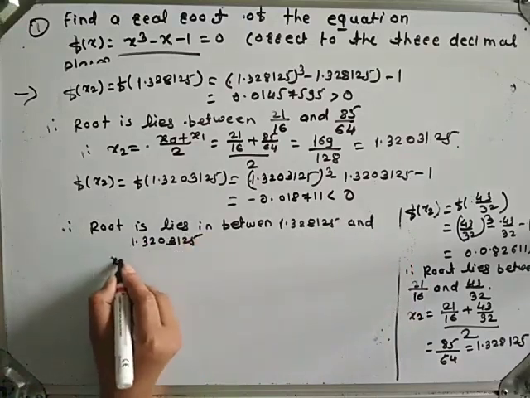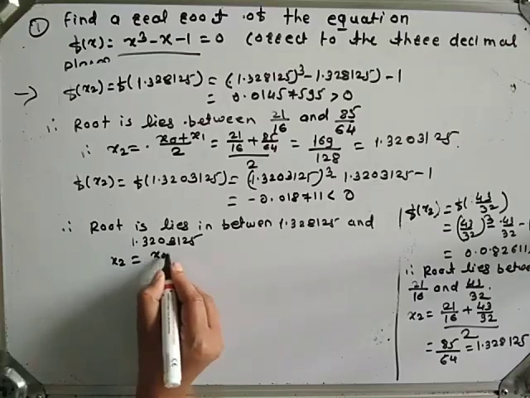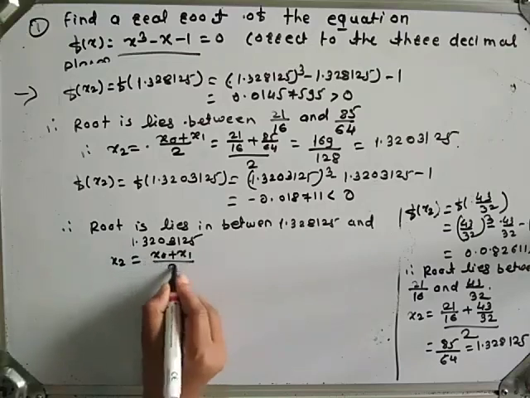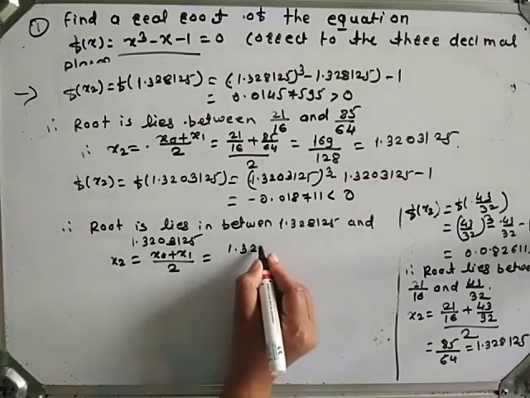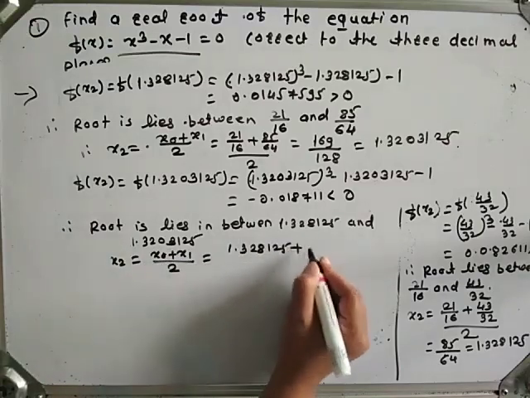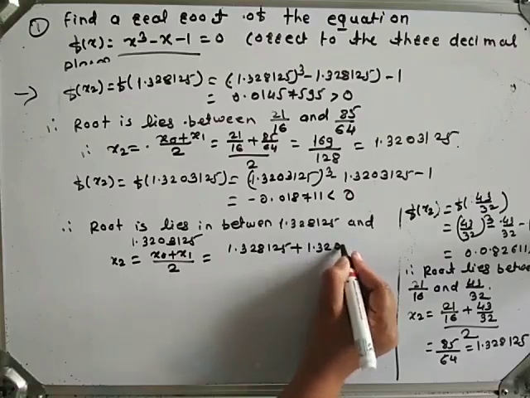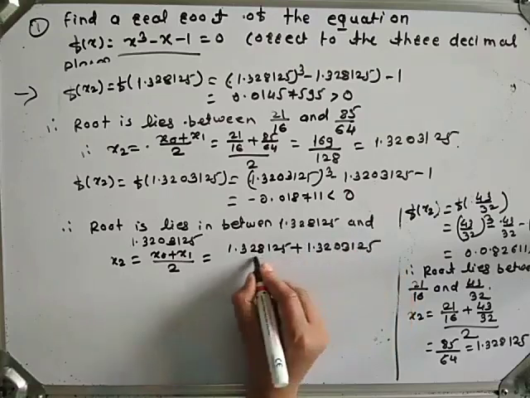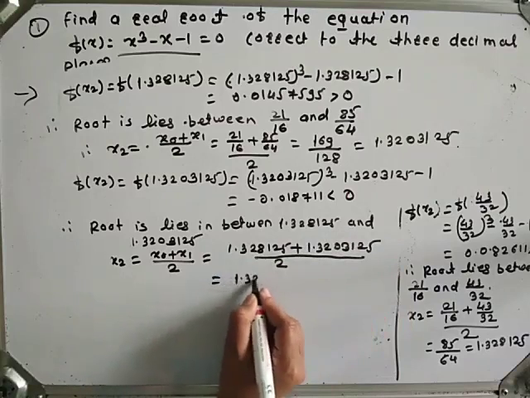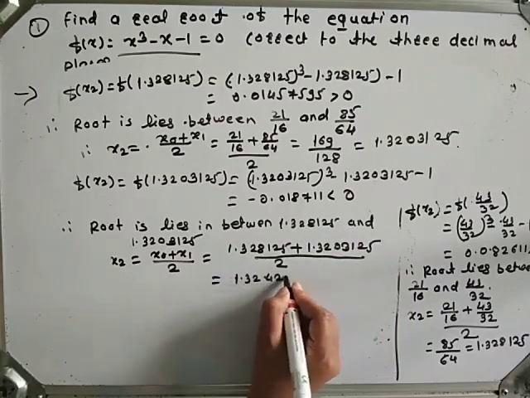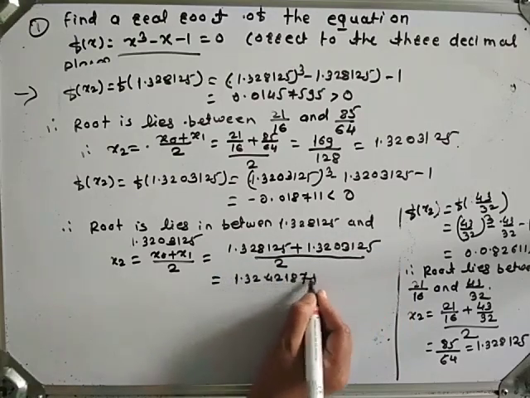Therefore the approximate value of the root is x2, which is equal to (x0 plus x1) upon 2, which is equal to (1.328125 plus 1.3203125) upon 2, which is equal to 1.32421875.